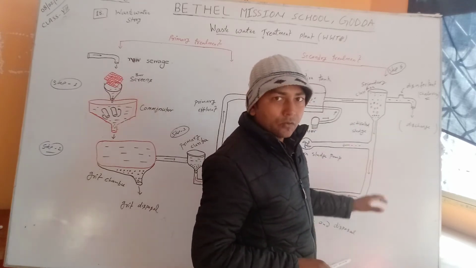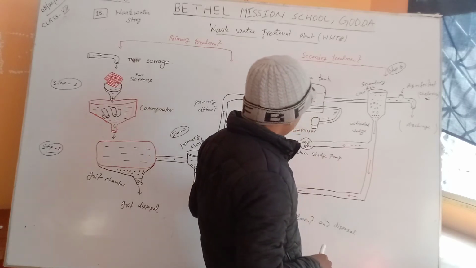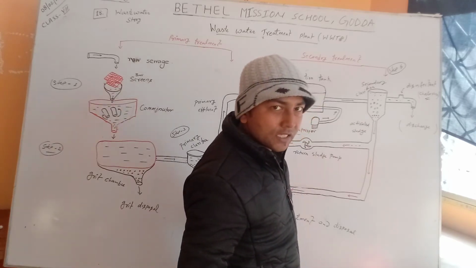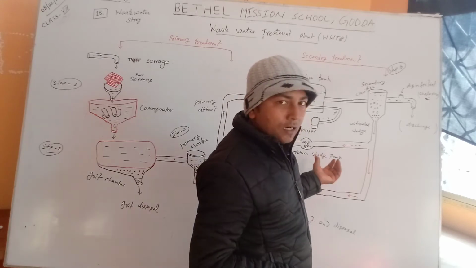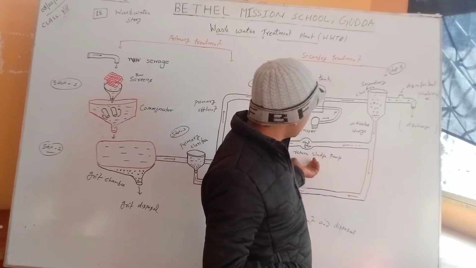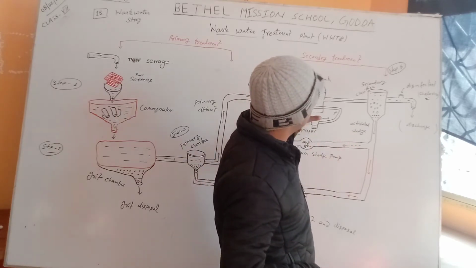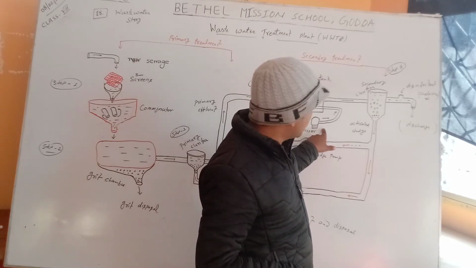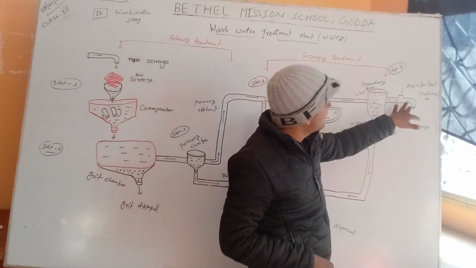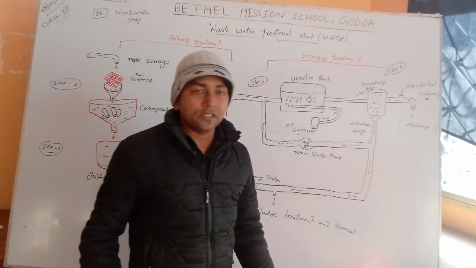Here some of the settled sludge is taken out, but some part is not taken out. This comes again to the aeration tank, and this process is repeated, and at last after mixing the chlorine, the water is discharged.